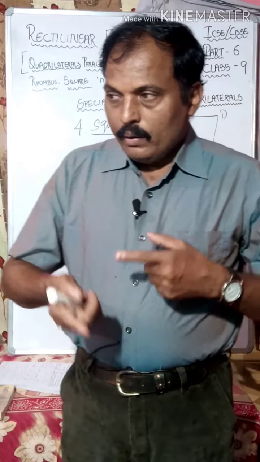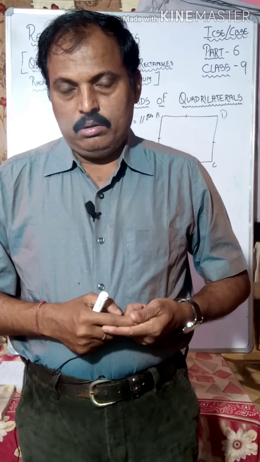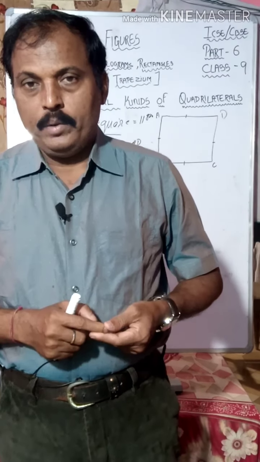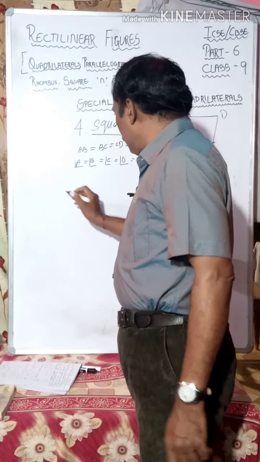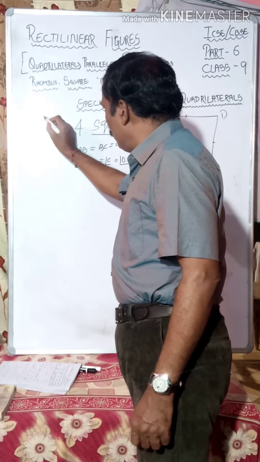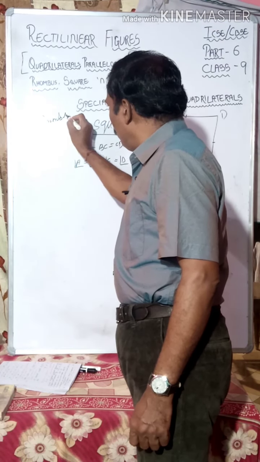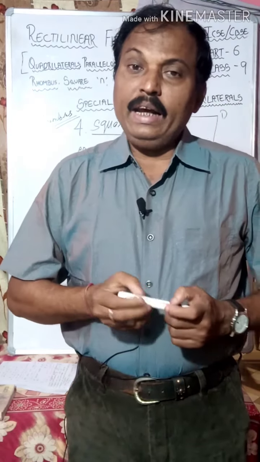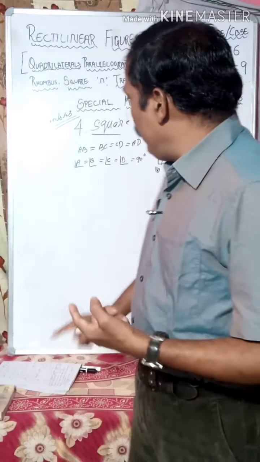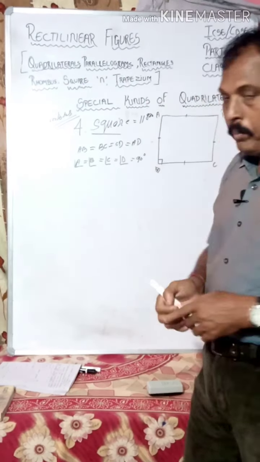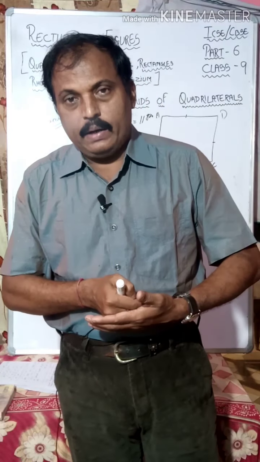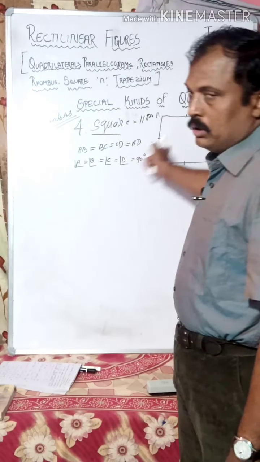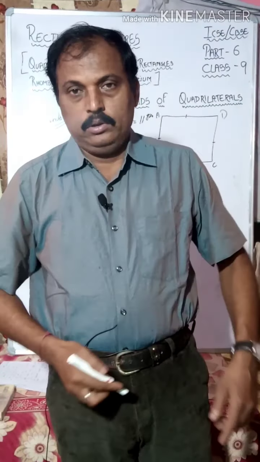If all sides are equal, or adjacent sides are equal, in a parallelogram, that is a rhombus. As all sides are equal and each angle is 90 degrees, then it is called a square. But as all sides are equal, first it is a rhombus. A square is a rhombus.